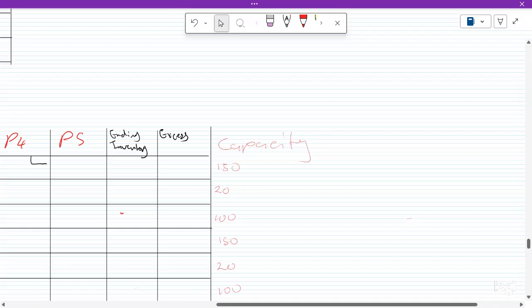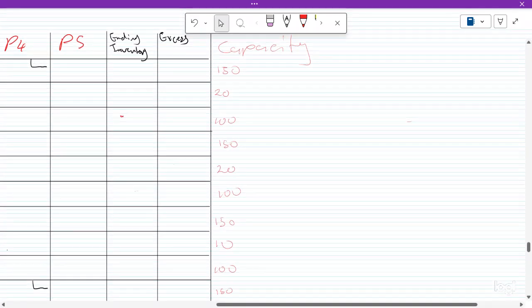So I have 150 plus 20 plus 100 plus 20 plus 150 again plus 20 plus 100. So the subcontracting is fixed at 100 also.